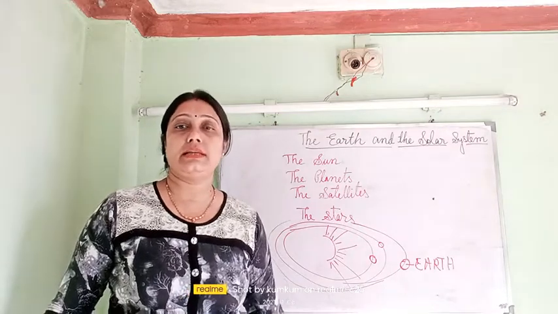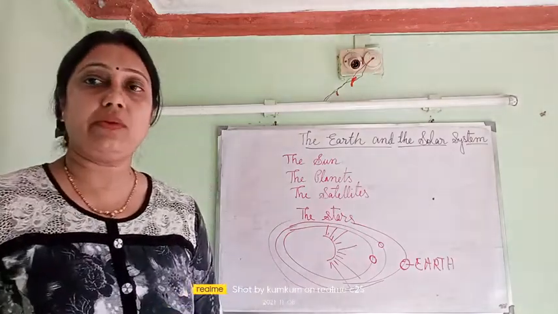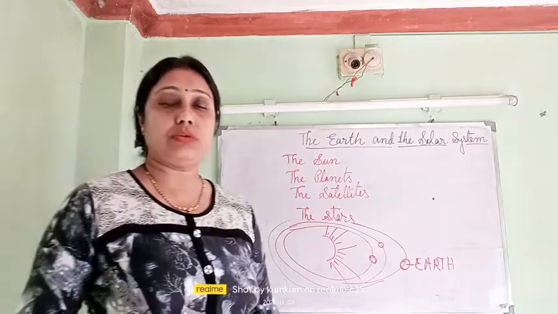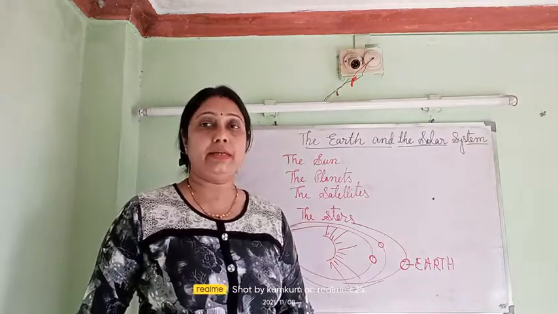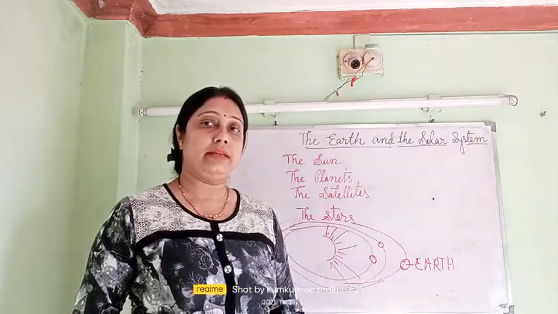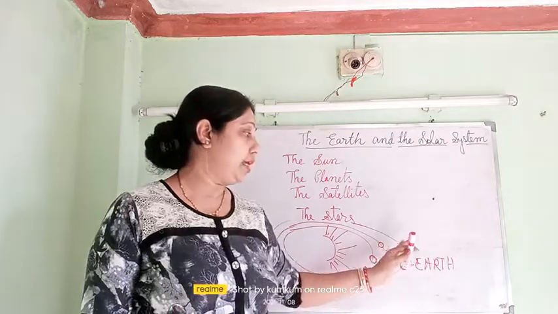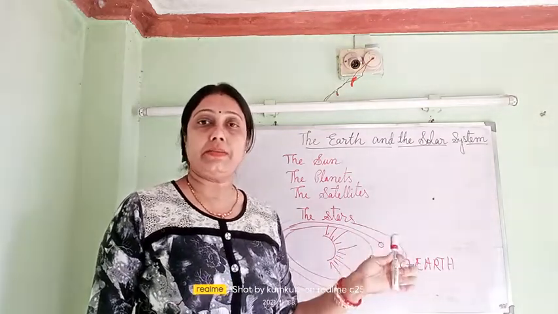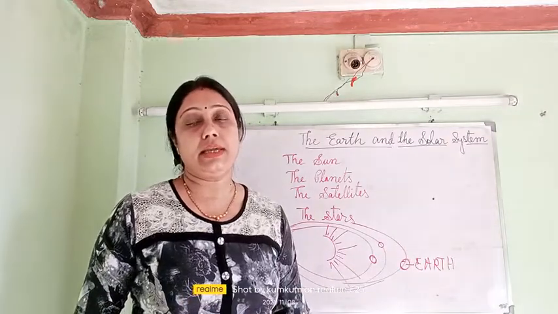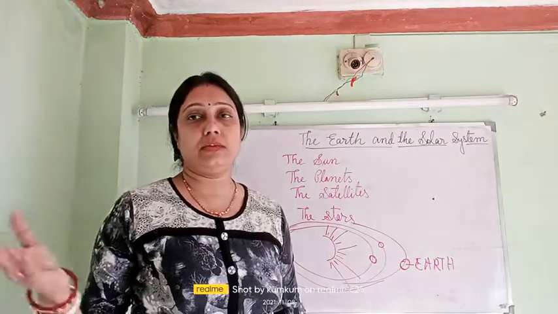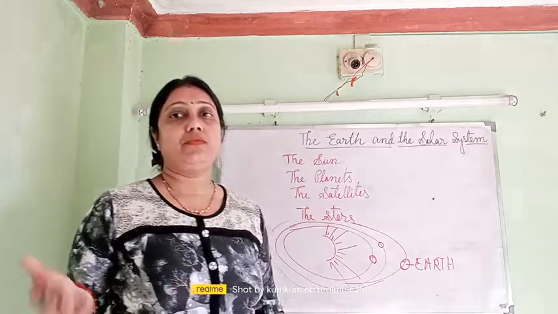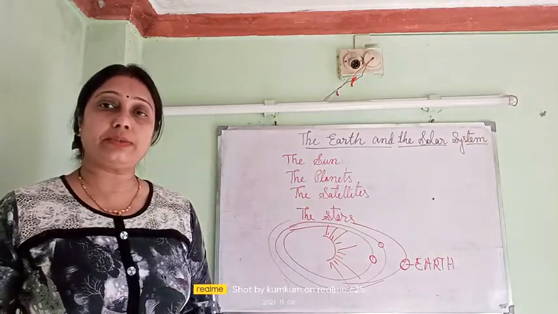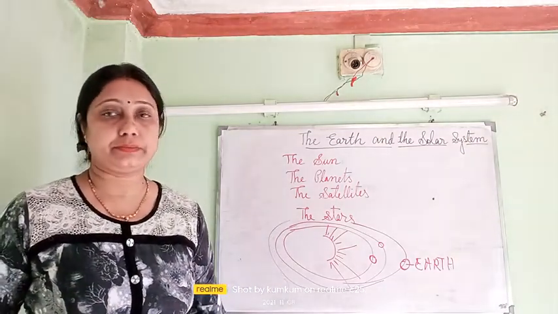Scientists are still researching whether life is possible on other planets. They have got some hints that in the near future it might be possible that we can go to Mars for survival. But for that, more experiments are required.